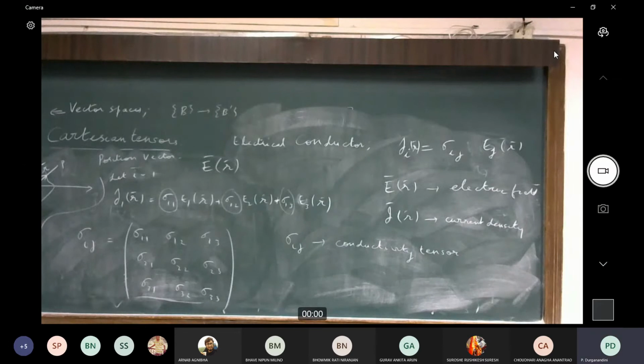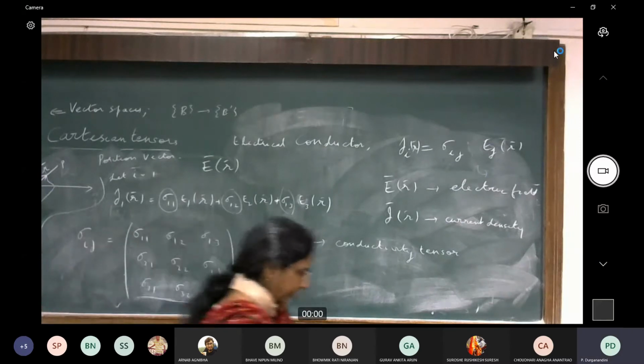Then in that case, what can you say about sigma, the conductivity tensor? Can I write down the form of sigma ij in that case? See, sigma ij is symmetric, but I'm saying something more.